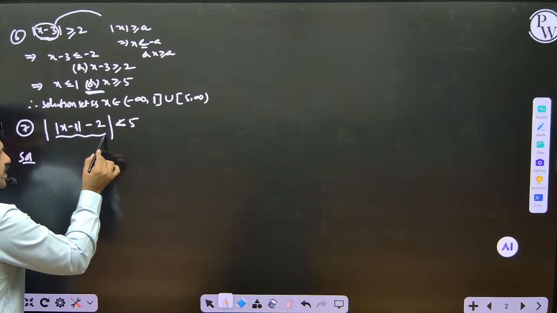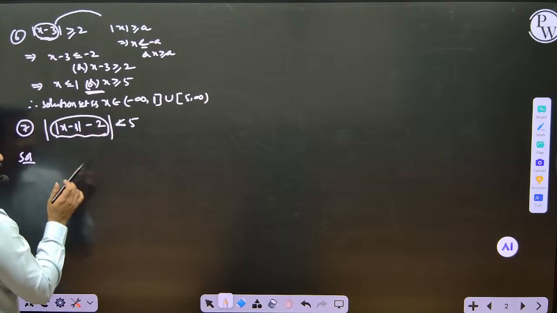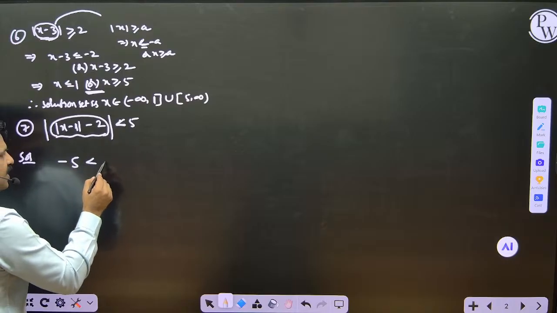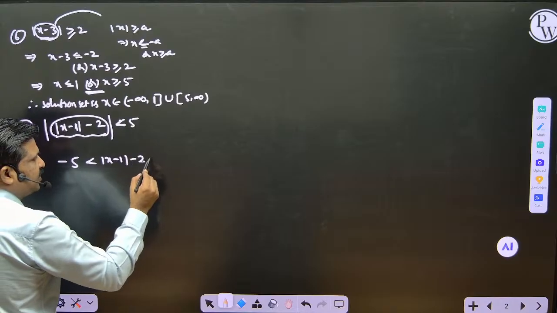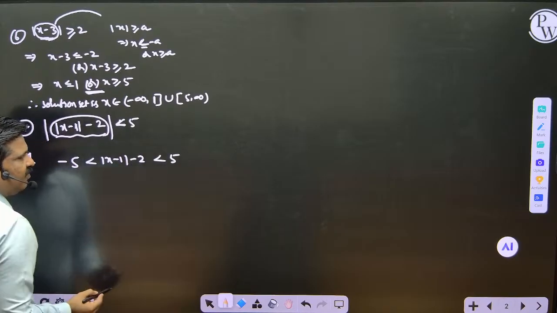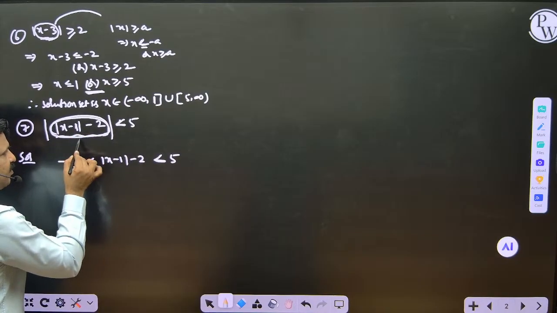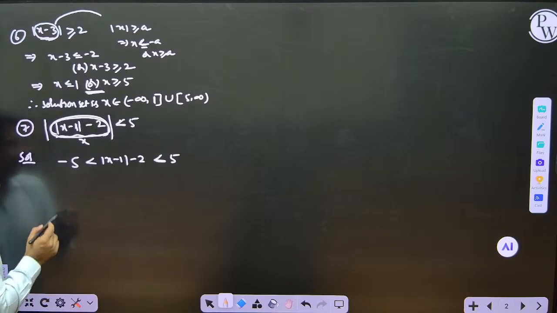Again you consider this total as x. So mod x lies between minus 5 and 5: minus 5 less than modulus of x minus 1 minus 2 less than 5. This total I consider as x, so mod x less than 5 means minus 5 to plus 5.